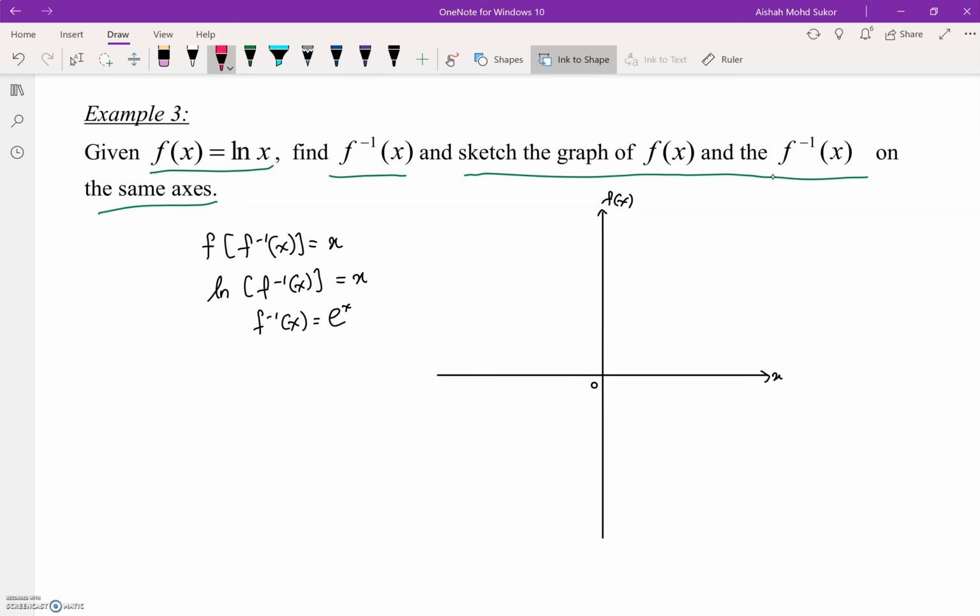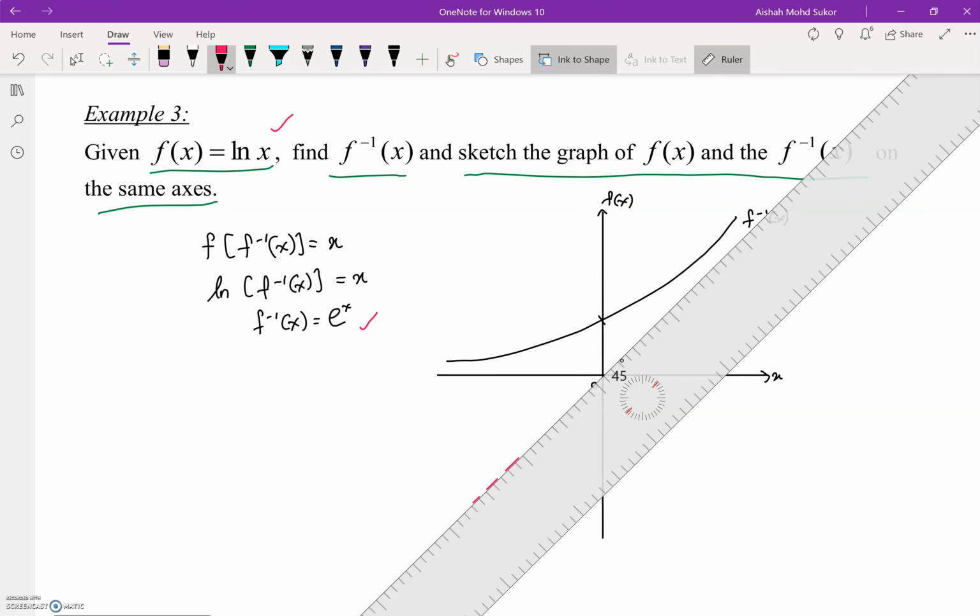So we need to sketch f(x) and f inverse on the same axis. Now you have two options. You can choose either to sketch the ln x graph, or you can choose to sketch the e to the x graph. It's up to you. Which graph do you prefer? So I'm going to sketch the e to the x graph. This is the graph for e to the x. As x equal to 0, this intercept will be equal to 1.